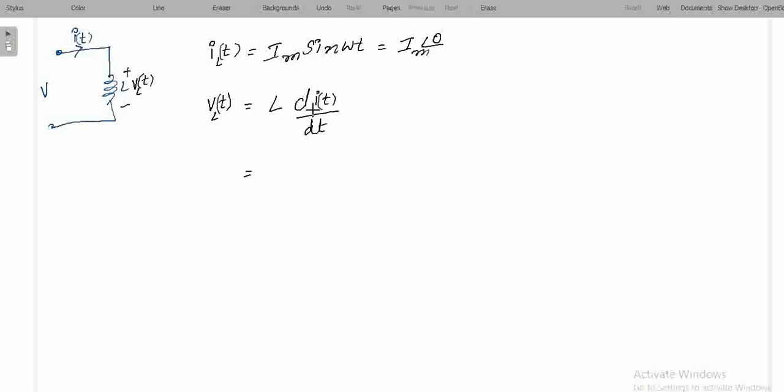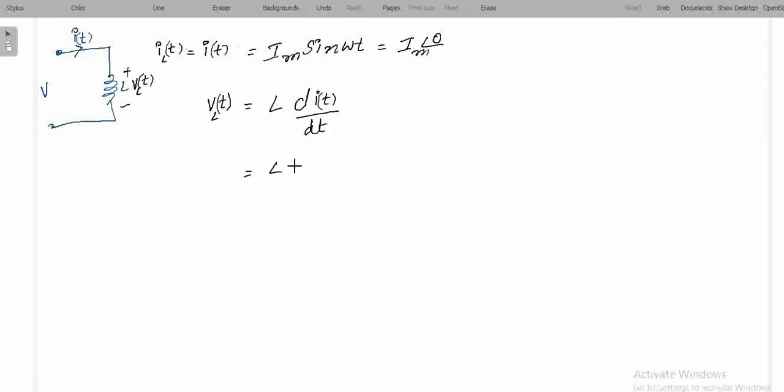So from this what can we write? I of t is equal to IL of t, which is Im into sin omega t. So L into d IL of t by dt is equal to VL of t.